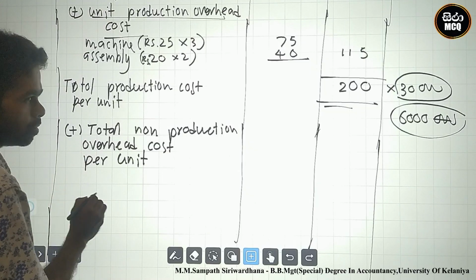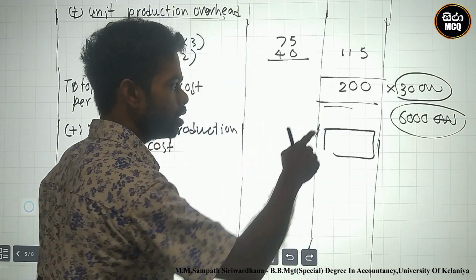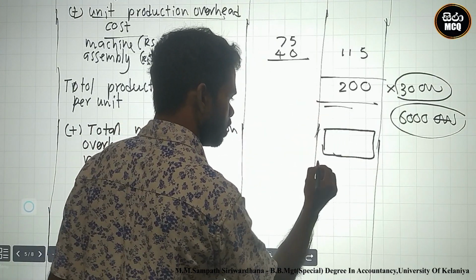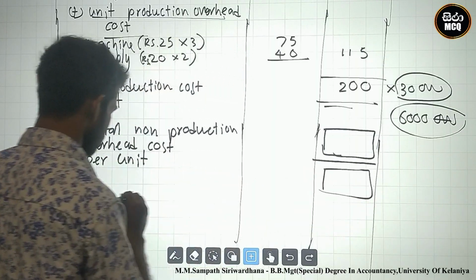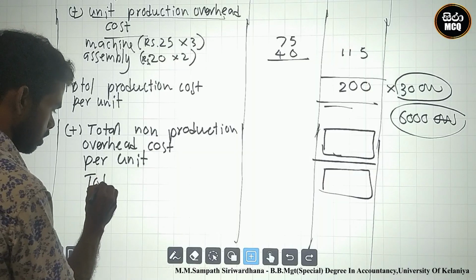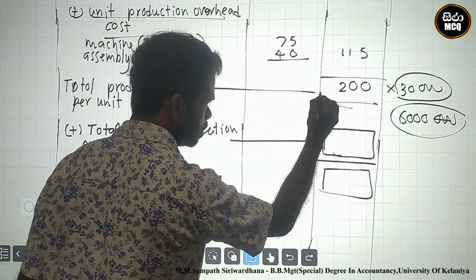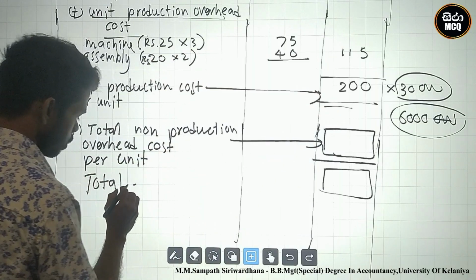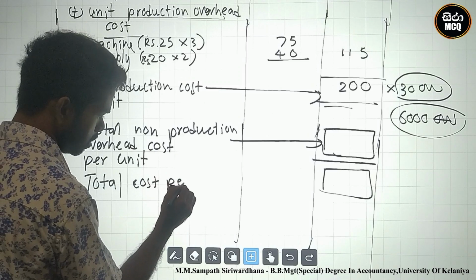I add non-production cost to the production cost. We can calculate total cost. This is the non-production cost, this is the production cost, and this is the total cost per unit.